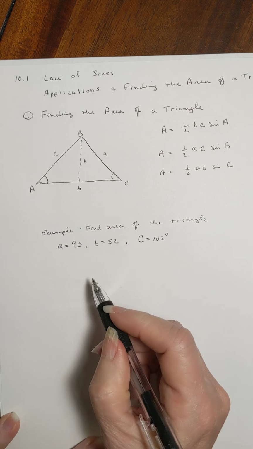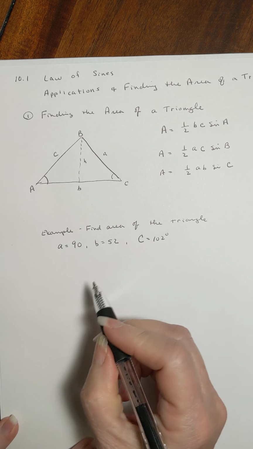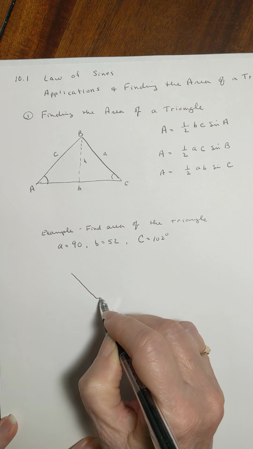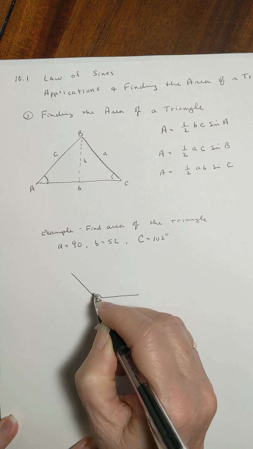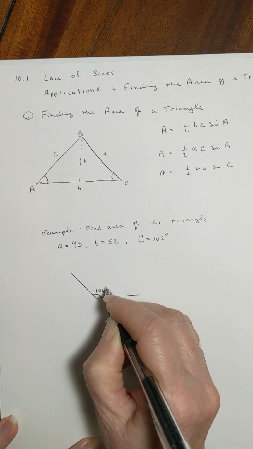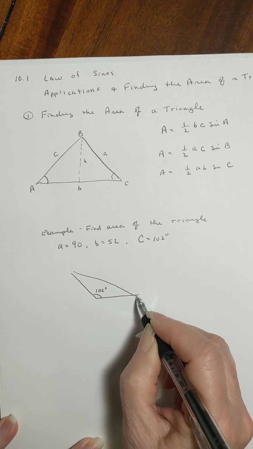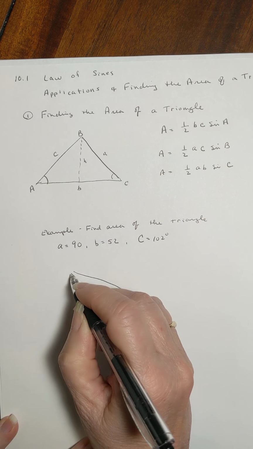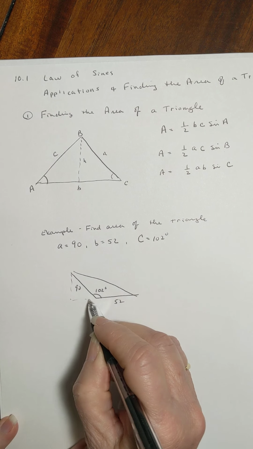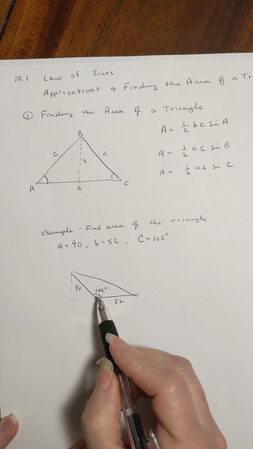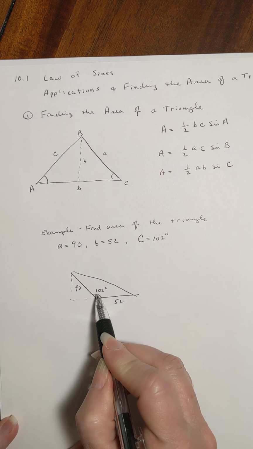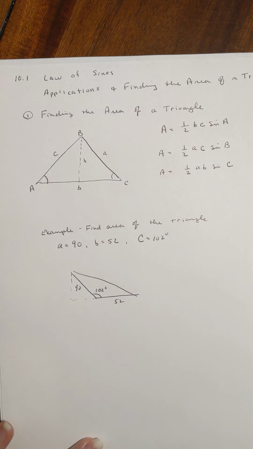All right, so here it says find the area of the triangle, and I'll just go ahead and draw it. The angle here is 102 degrees, and then this is 90, and this is 52. Notice this is my height, but still the height is going to be the sine of this reference angle, which would be the same as the sine of 102.